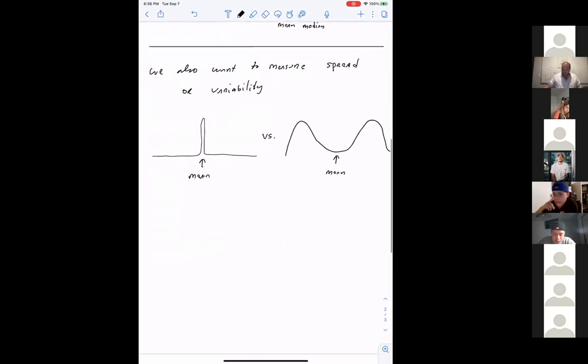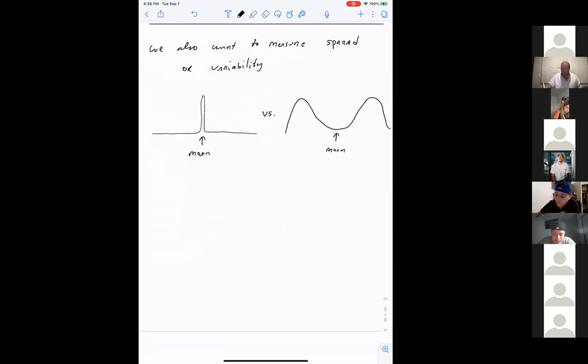So how do we measure variability? Anyone know the two standard approaches for variability that we're going to use? You probably only know this if you've taken some stats before in your life, but anyone know offhand which measures of variability we use?